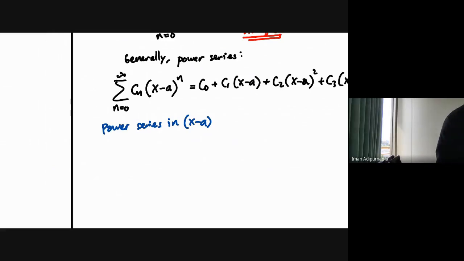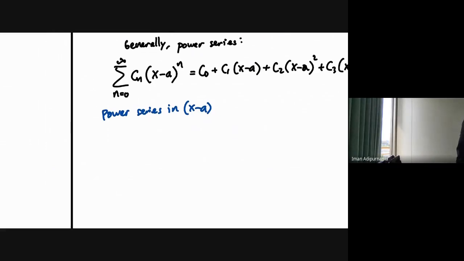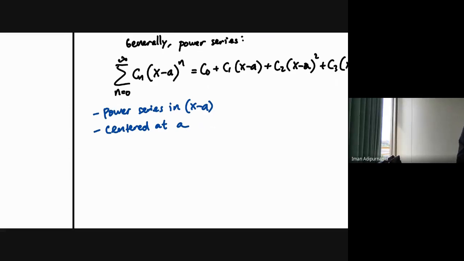But that will be the next one. We also say that the series in x minus a is centered at a. So around a, the x will have some convergence. Not all x will converge, but some x will converge around a.